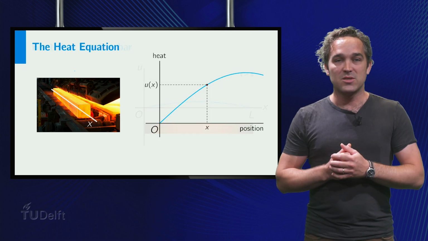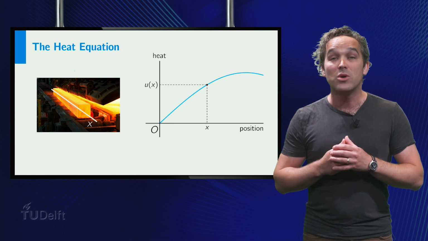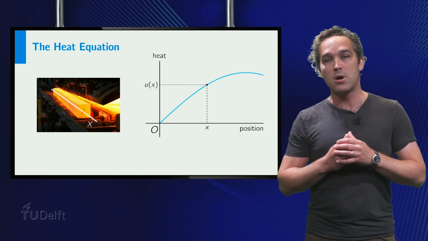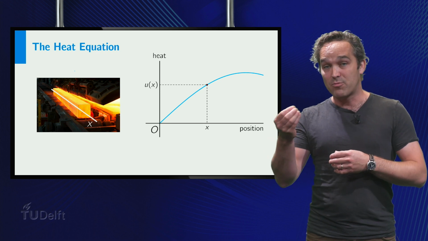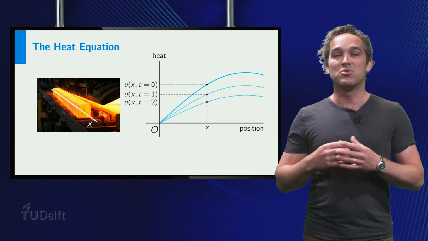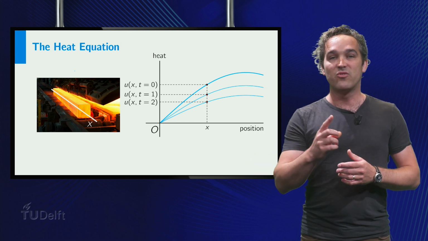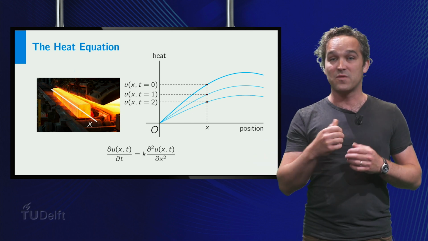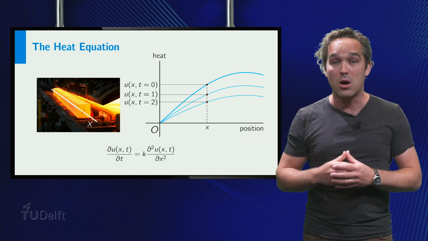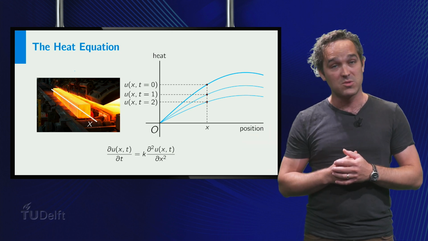Well, let's formulate this question mathematically. First of all, note that the heat u clearly depends on position x in the bar, but at each separate position, the heat also depends on time. So, position and time are independent variables. It turns out that the rate of change of the heat at some location x in the bar is proportional to the second derivative of the heat with respect to x.